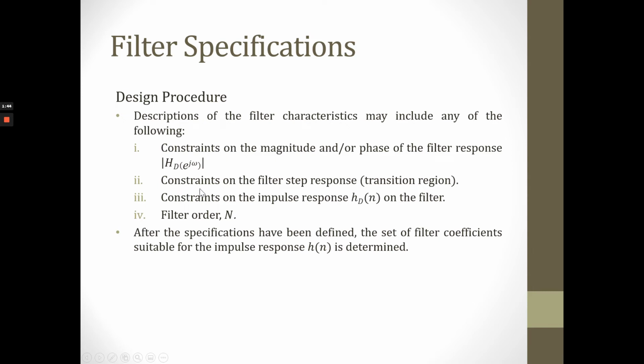The second one is constraints on the filter step response, for example, the transition region from low to high or high to low. The third one is constraints on the impulse response hd[n] of the filter, and the fourth one is filter order N. So after the specifications have been defined, the set of filter coefficients suitable for the impulse response h[n] is determined.